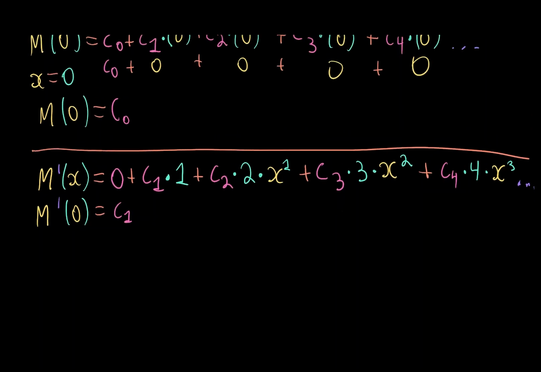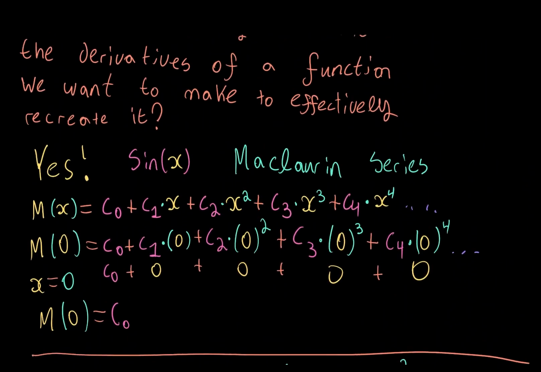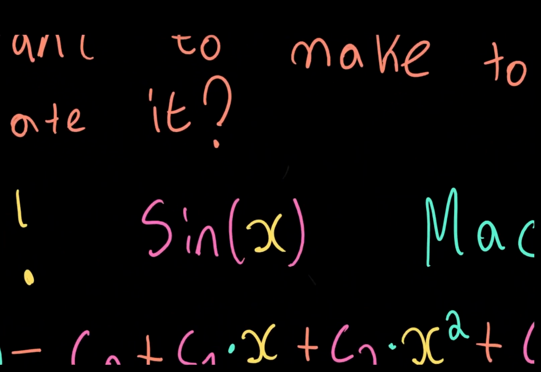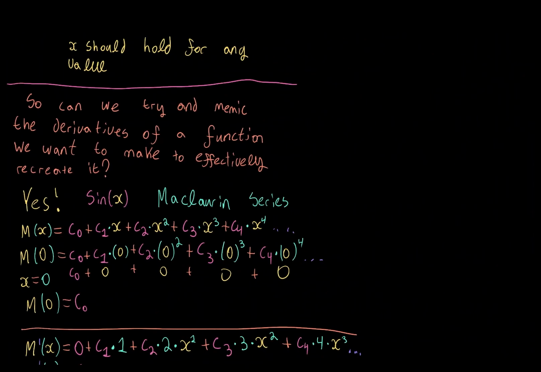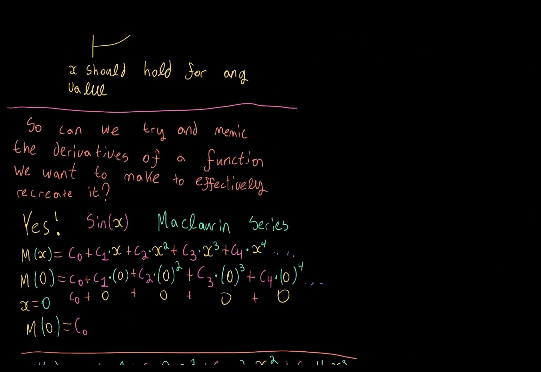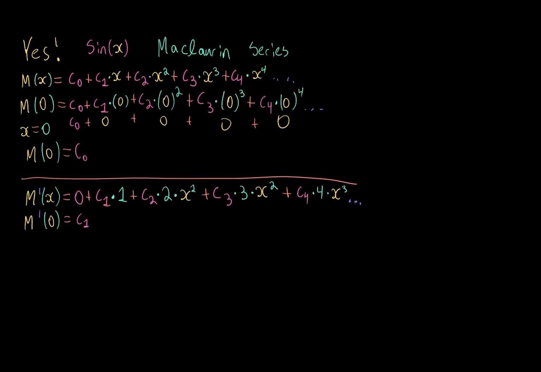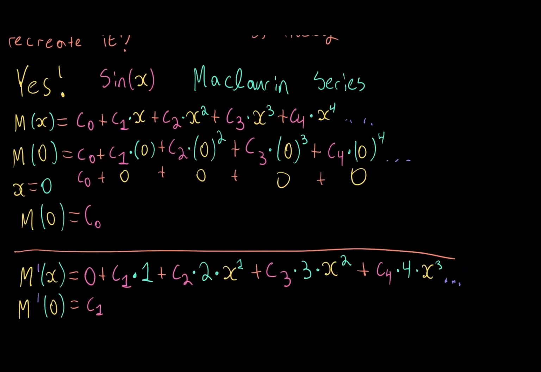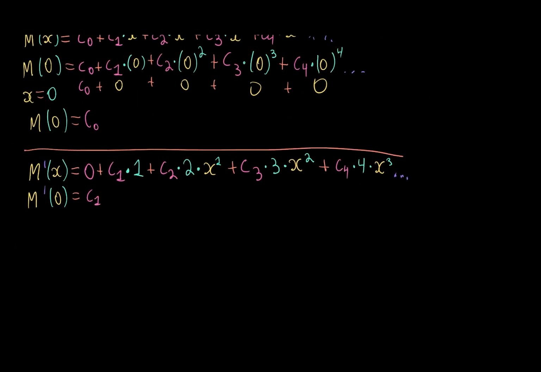So before going too far, let's actually work with real numbers, not just variables. Let's try to build sine of x using this idea of mimicry. We're still going to use what we just learned here. We're just going to use actual numbers so it can be understood better.